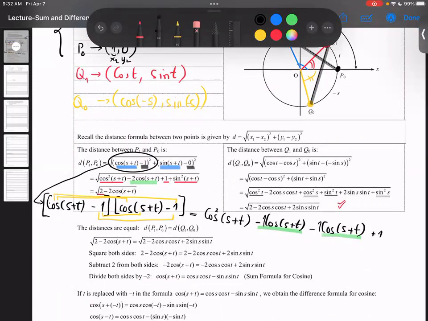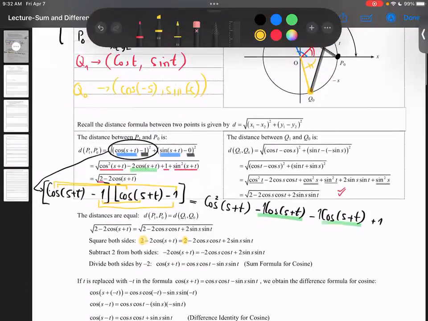Square both sides. Right? Square is gone. Subtract 2 from both sides. Two is gone, right? Next, you're going to divide both sides by negative 2.